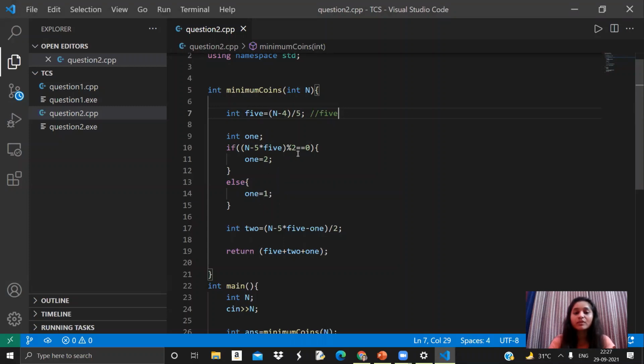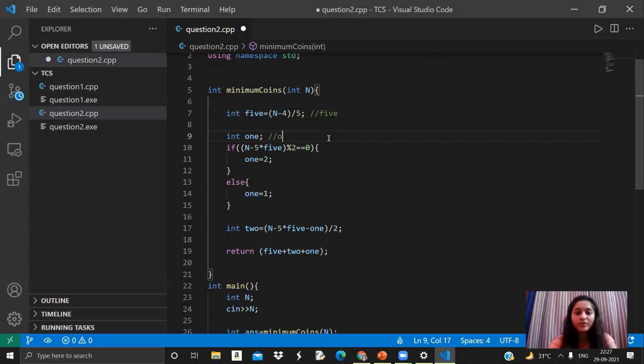So you need to check the remaining number after excluding whatever is used for 5, and we will be seeing for 1 and 2. This you need to consider. I think I forgot it while giving the example there.